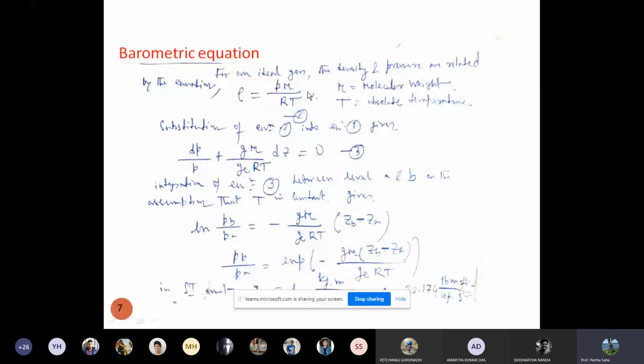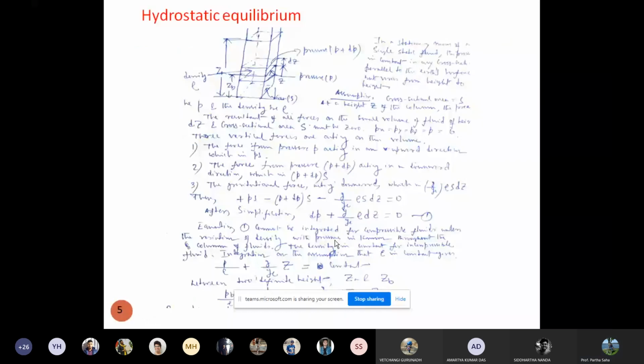We substitute this rho into equation 1, so it becomes dP by P plus G by GC M by RT dz equal to 0.